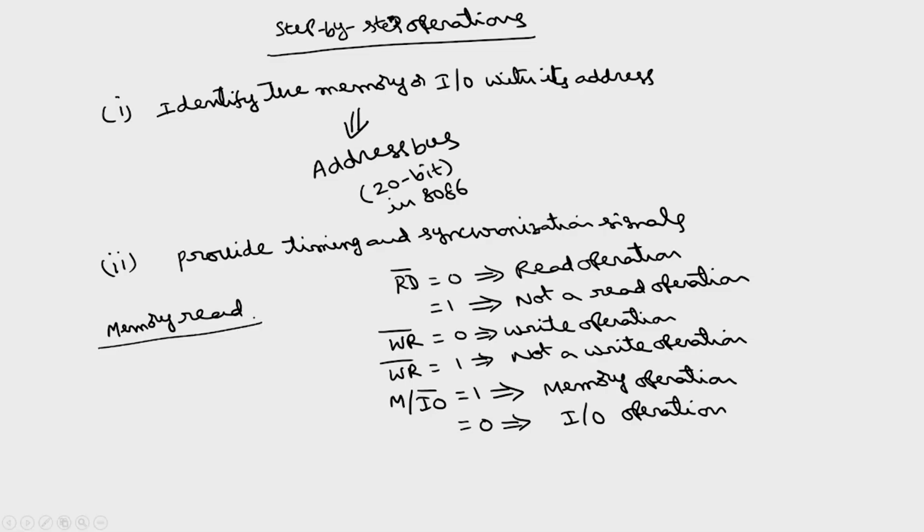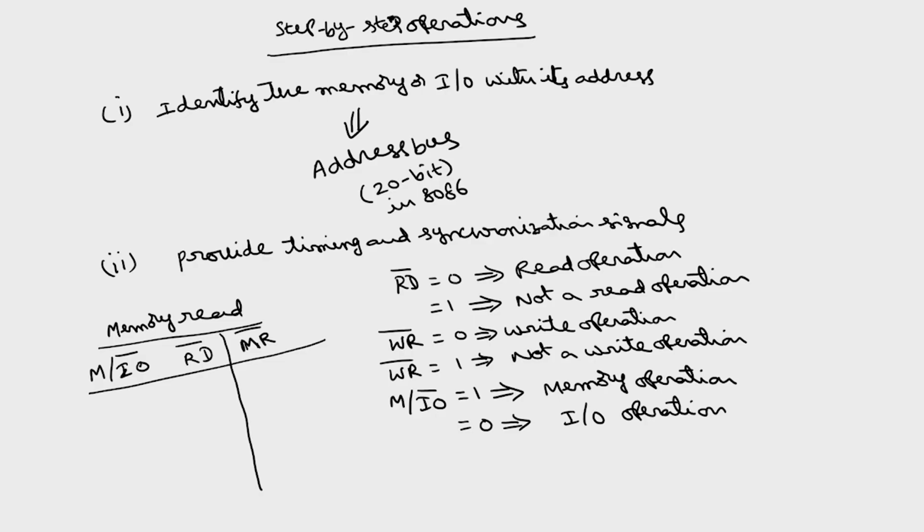This depends upon read bar and M by IO bar. From these you generate memory read bar. I am generating memory read also as an active low signal. Memory read bar is 0 means it is a memory read operation. If it is equal to 1, it is not a memory read operation.